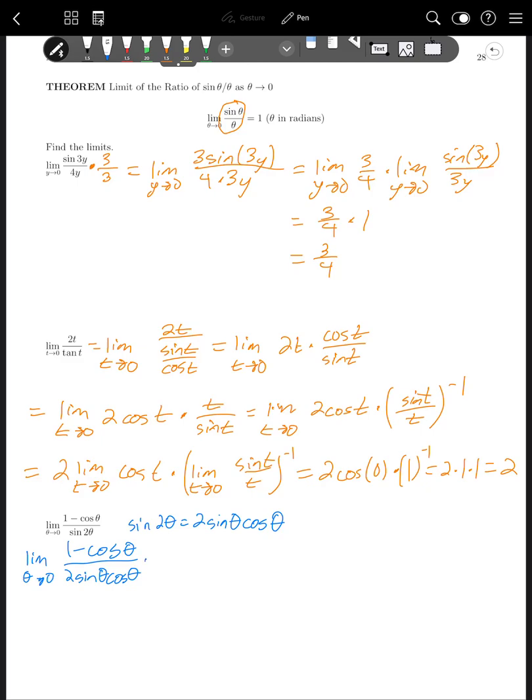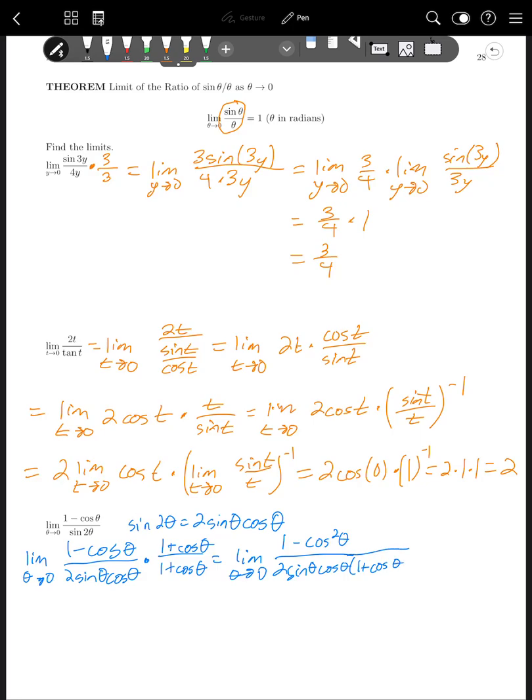Well, a way we can get that in there is multiplying by its conjugate over itself. So now this would be the limit as theta approaches 0 of 1 minus cosine squared theta, which is another trig identity that we're going to use, over 2 sine theta cosine theta times 1 plus cosine theta.